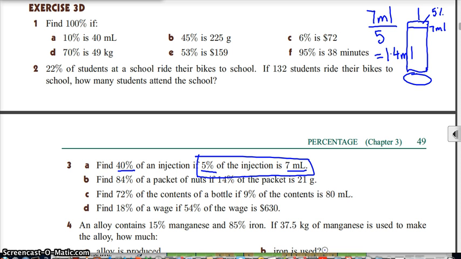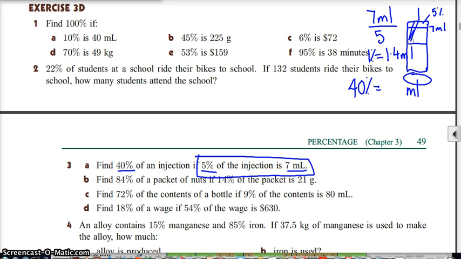So they're asking you, if 1% is worth 1.4 mils, how many mils in 40%? What do we do to the 1.4? Times it by 40 this time, because they're only asking you what is 40% of that.